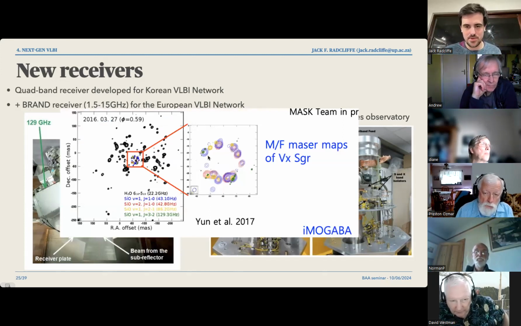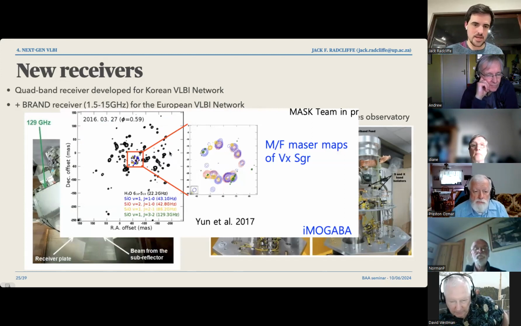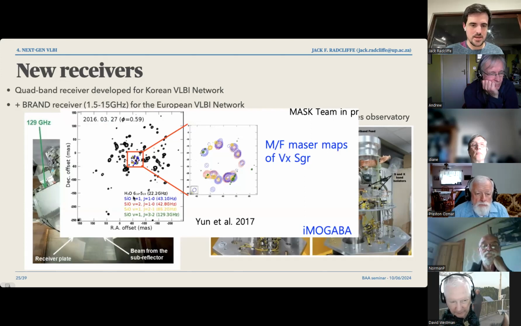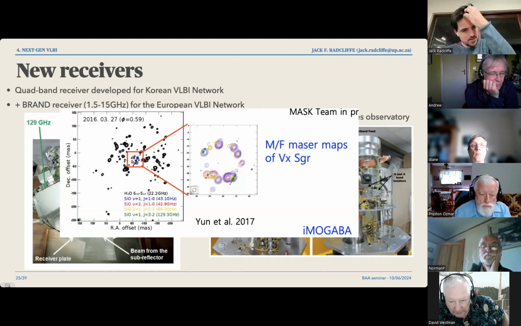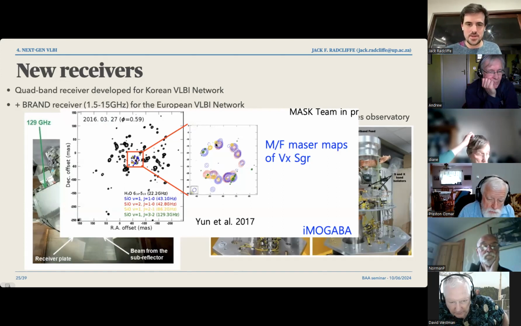So this is an example coming from the Korean VLBI network. On the left-hand side, we've got the H2O masers, and then we've got the silicon oxide masers at different energy levels. And these are all in a single observation. So you can do these maser maps all in a single observation.